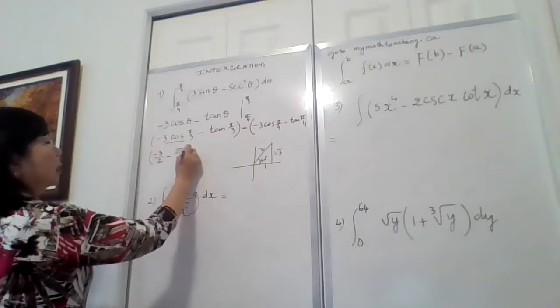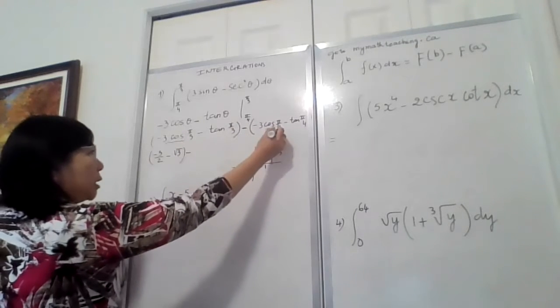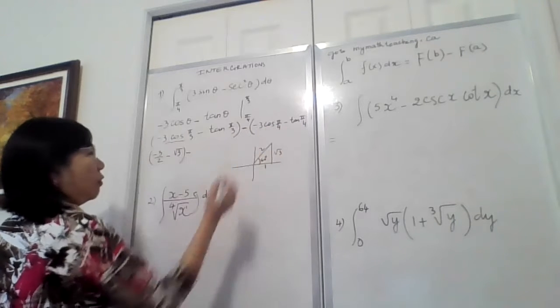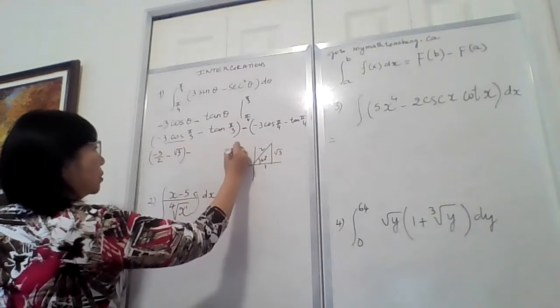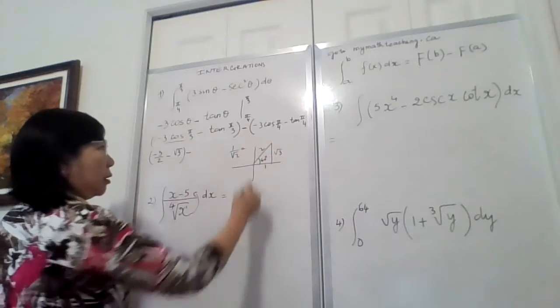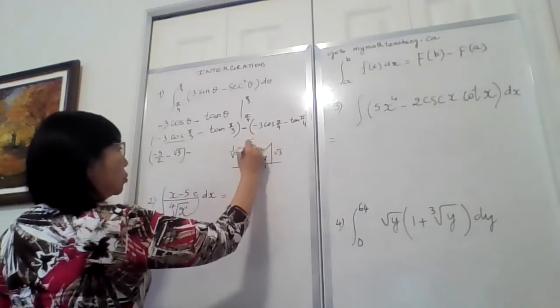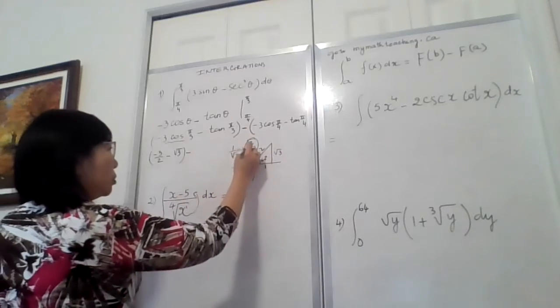Bracket minus. Now we go for the next bracket. The next bracket is the angle pi over 4. So cos of pi over 4 equals 1 over square root 2. If we rationalize the denominator, we get square root 2 over 2. This value is exactly the same, and I like to use this value.